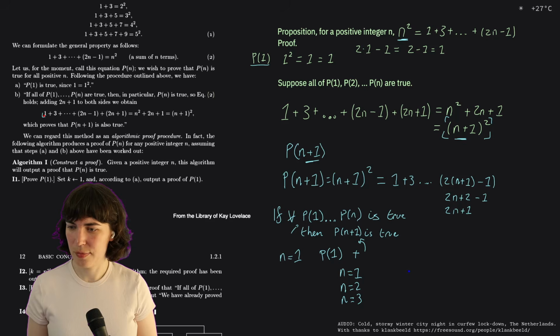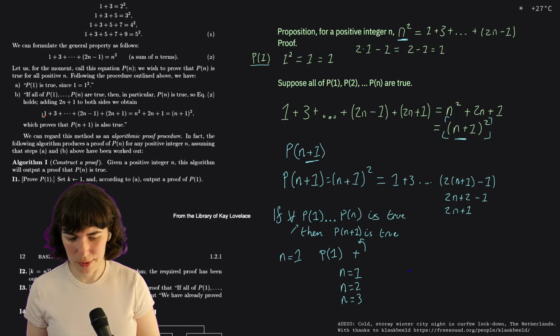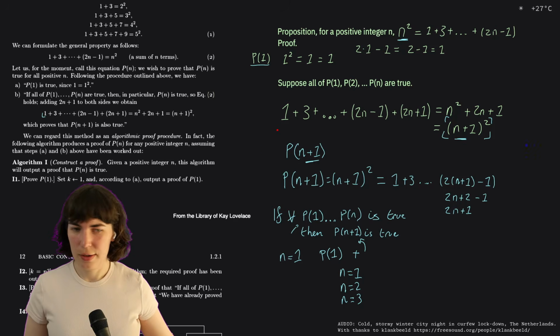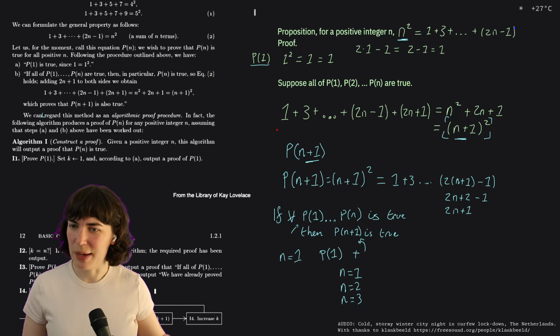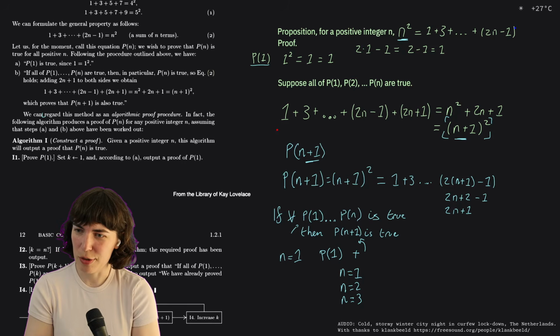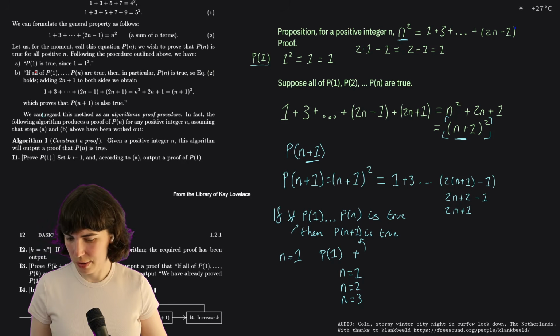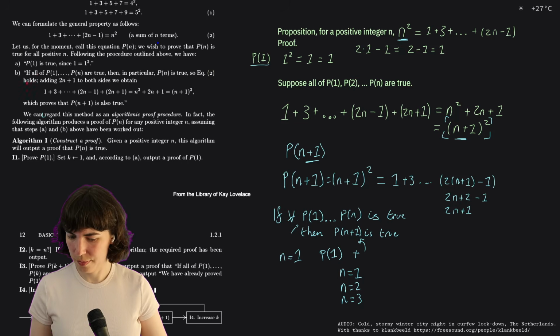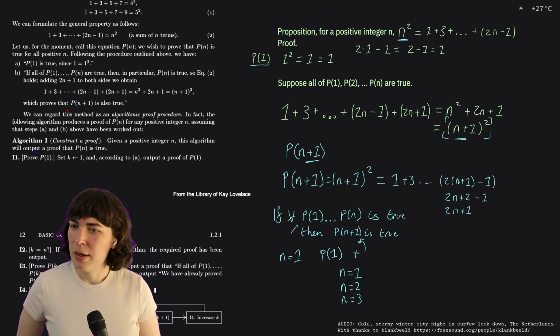Now, so we were looking at that. Okay, great. Gosh. Right, so we did that. We can regard this method as an algorithmic proof procedure.